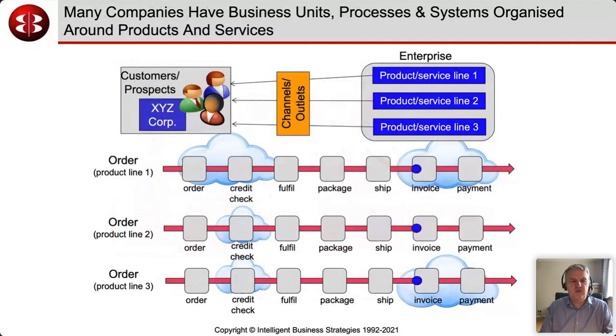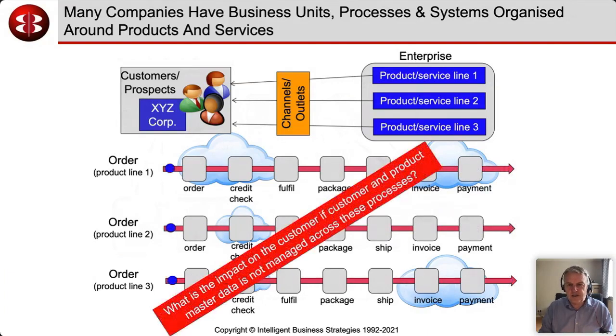And if you have multiple product lines within your organization and you're organized around product lines, maybe you have multiple instances of the same process occurring within your organization. And if that's the case, could you imagine what happens if your master data is inconsistent across each instance of that process?